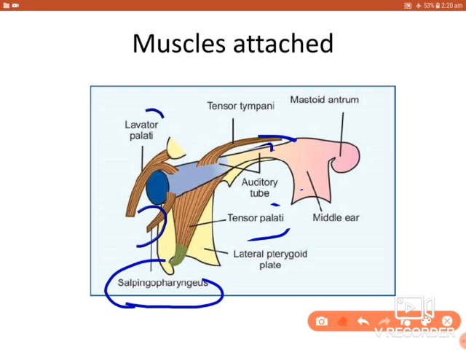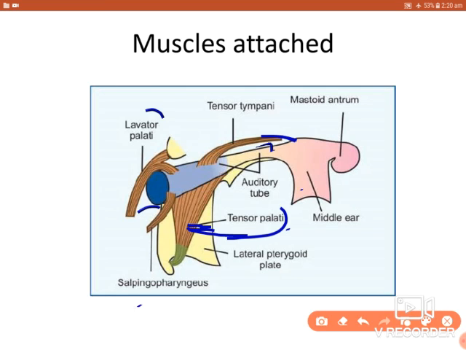Okay. The function of the auditory tube is to maintain an equilibrium of air pressure on each side of the tympanic membrane. At rest the tube is closed. During swallowing, yawning and sneezing, it reflexly opens. The tube is opened actively by the contraction of the tensor veli palatini muscle, which helps to open the tube.